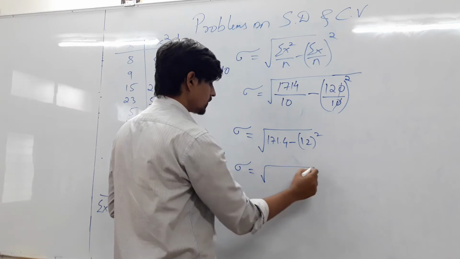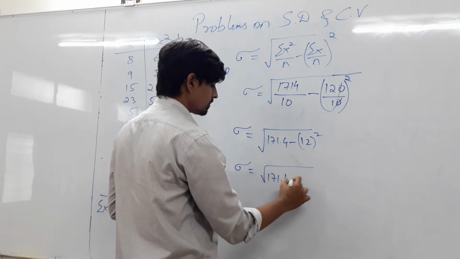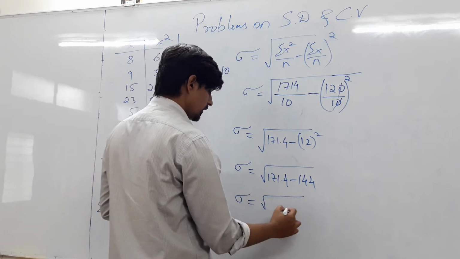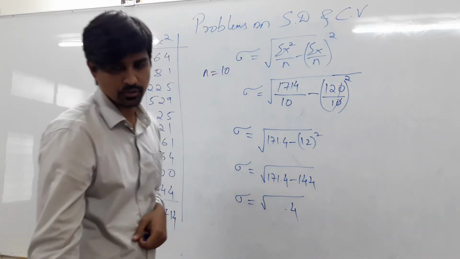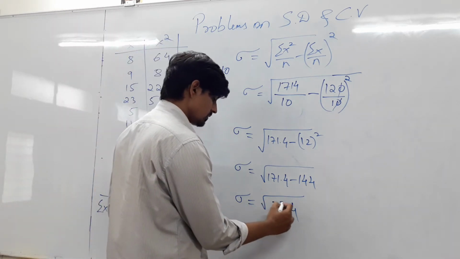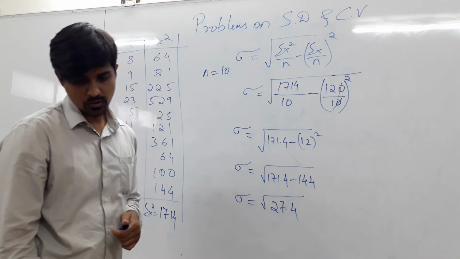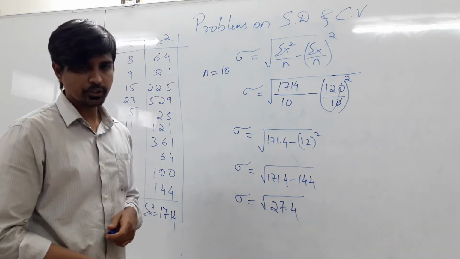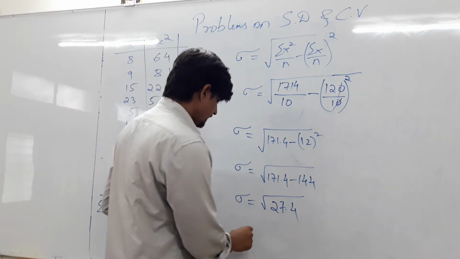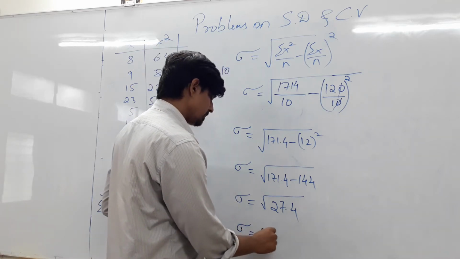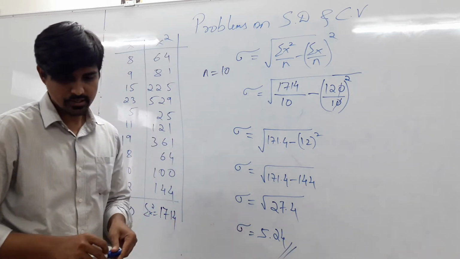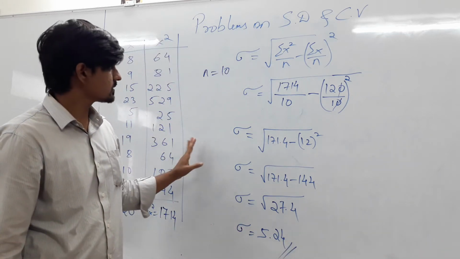Sigma is equal to under root 171.4 minus 144. What is 171.4 minus 144? 27.4. So what is the root of 27.4? It should be approximately 5.24. So this is the standard deviation required for this sum.